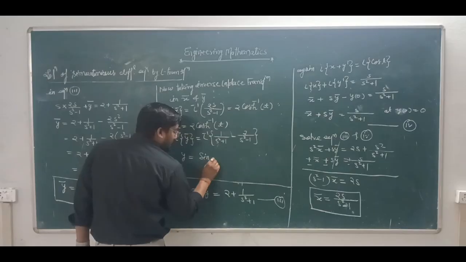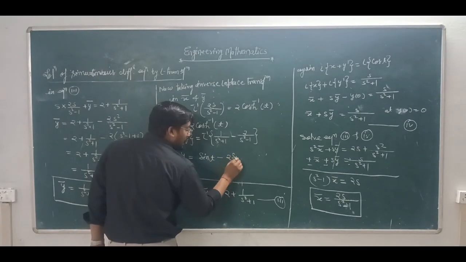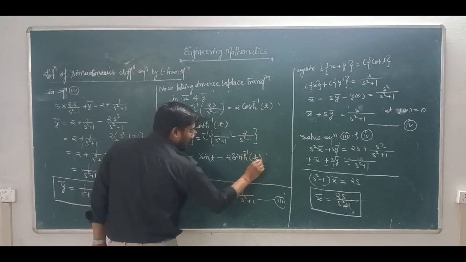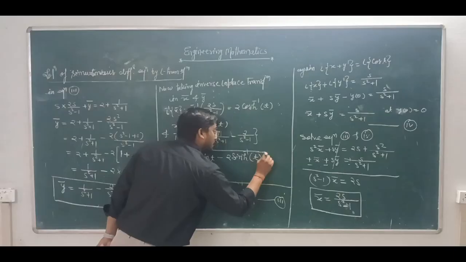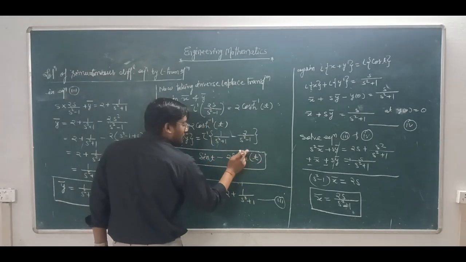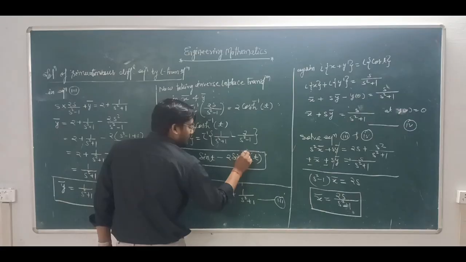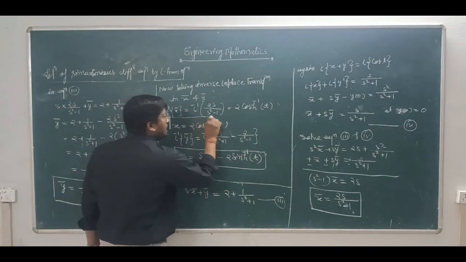This means sin t minus 2 sin hyperbolic t. This is the value of x and y. Hyperbolic. This is the value of x.